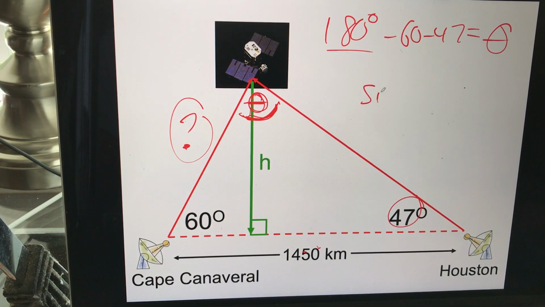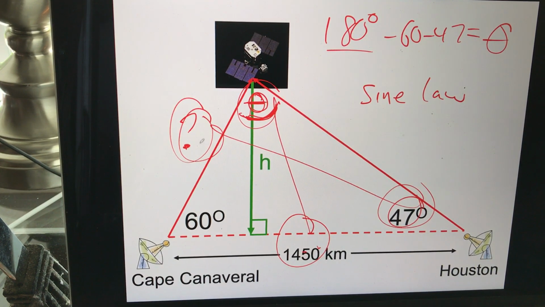Okay, I could then kick into the sine law. I would write the sine law, this with this, and then this with this, and that would allow me to find the question mark. And then once I have that question mark distance, I know with this triangle here, I can solve it just with SOHCAHTOA, right? This is my primary angle theta, that's my opposite, and that's my hypotenuse. So I would just use sine at the very end there to figure out h. That would work.